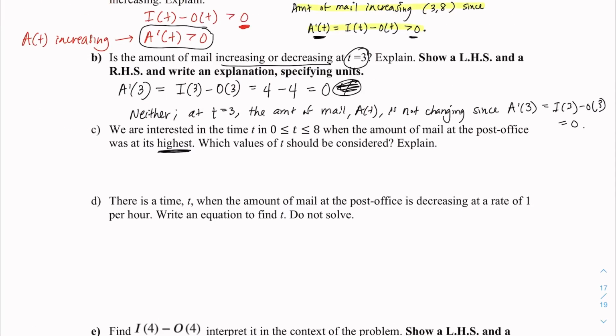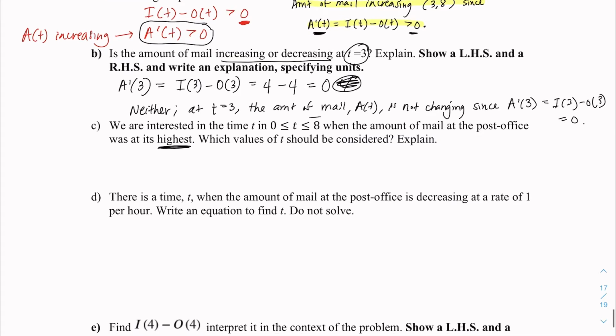Part C. We're interested in when we have the highest amount of mail from 0 to 8. So this is an absolute max problem. Anytime you have endpoints like this, you're looking for an absolute max. If we want the absolute max of the amount of mail, we want the absolute max of A of t.